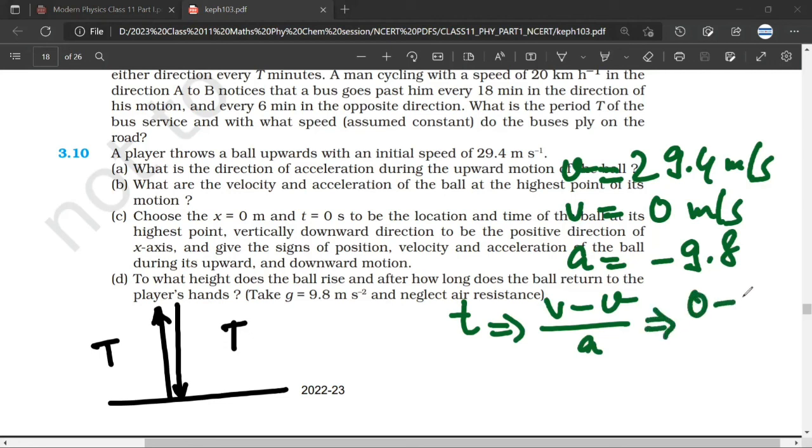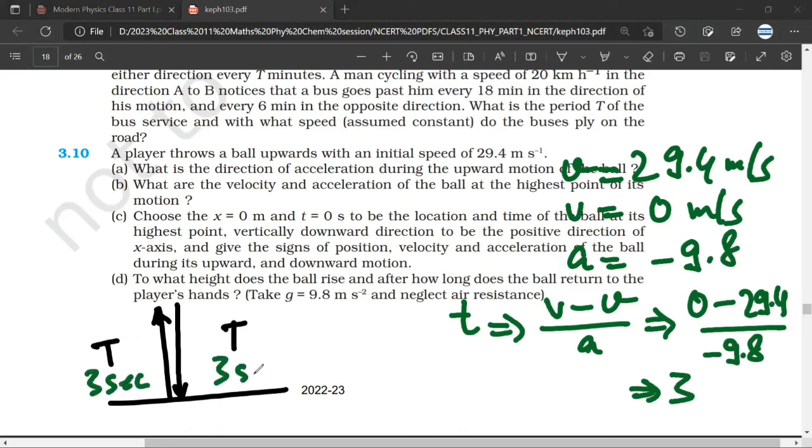So 0 minus 29.4 upon minus 9.8, and this would be 3. So 3 seconds for going up and 3 seconds for coming down. So this will take a total of 6 seconds. Do we agree to this? Great.